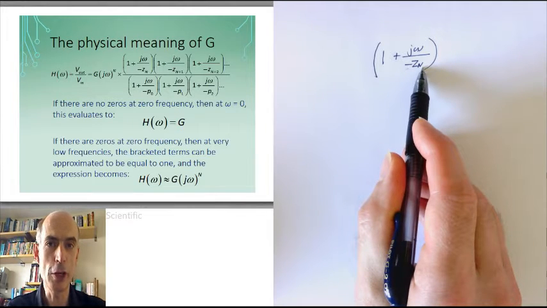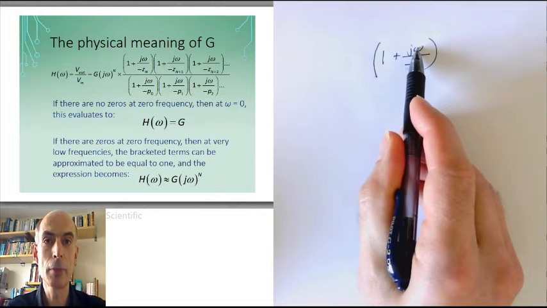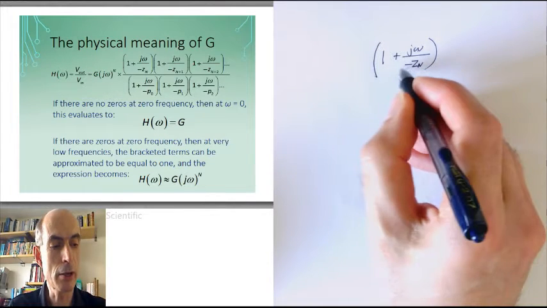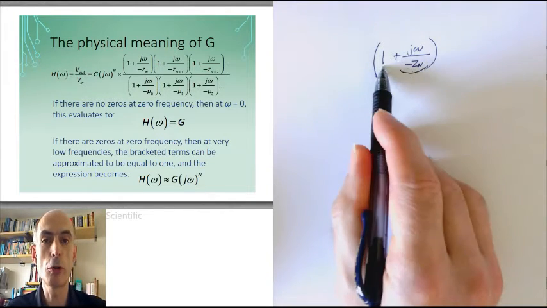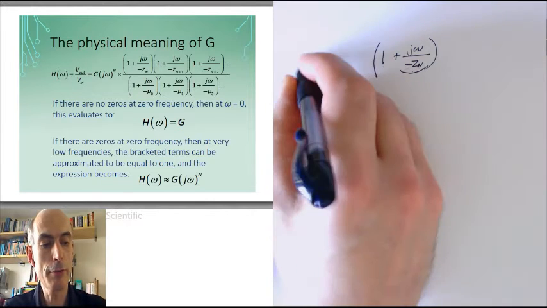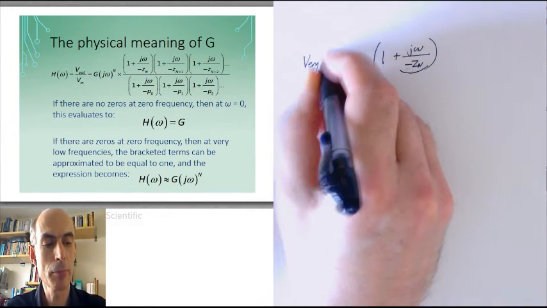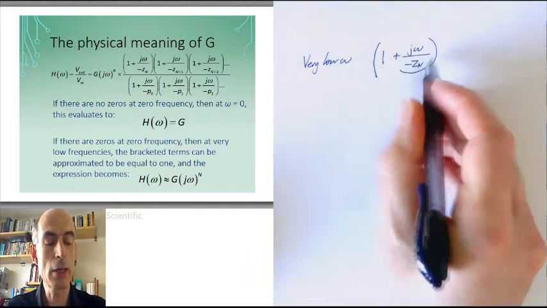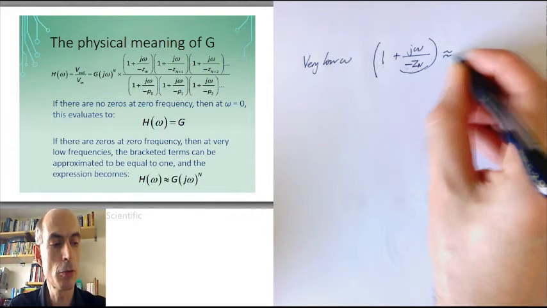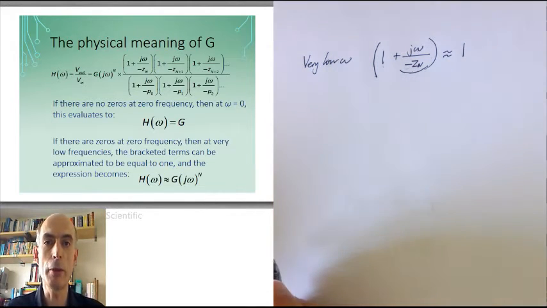At very low frequencies, omega is going to make this term here much, much smaller than 1. So at very low frequencies, we can approximate all of these terms to be approximately equal to 1.